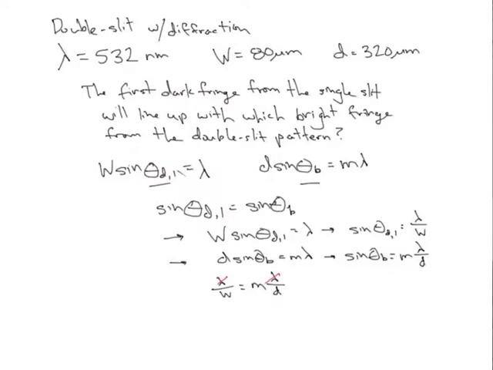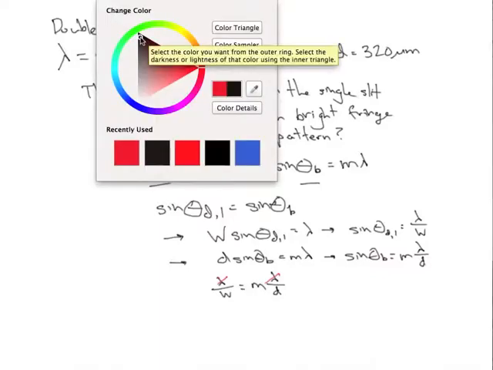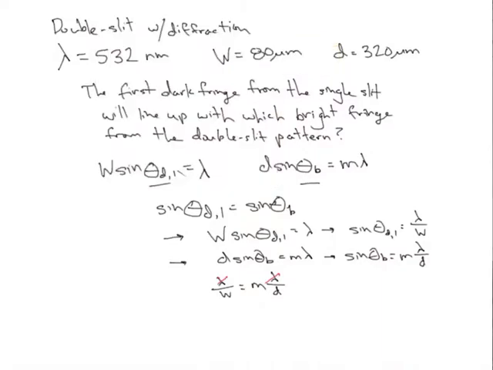And we can then solve for m, because m is what we're looking for. We want to know which bright fringe lines up with the first dark fringe. And m is d over W.